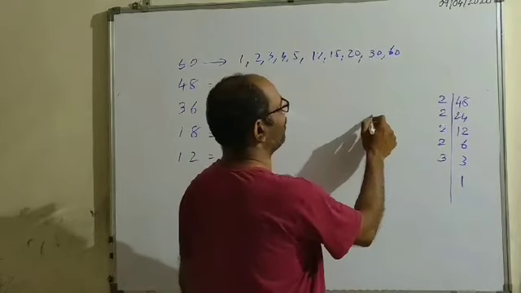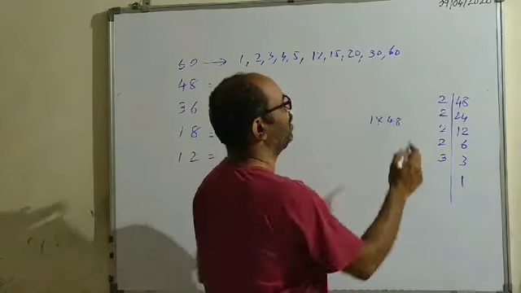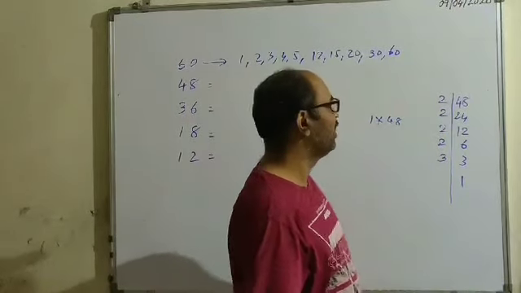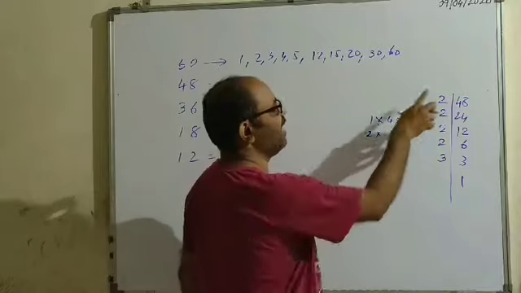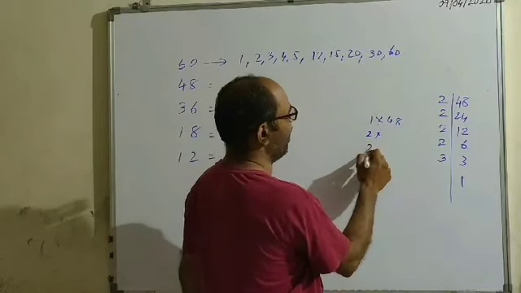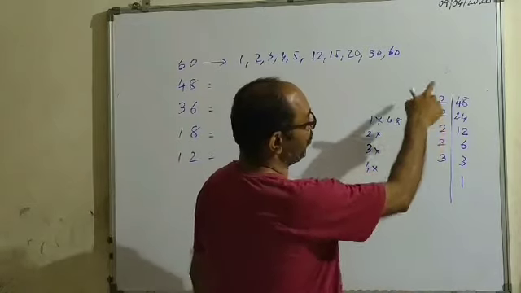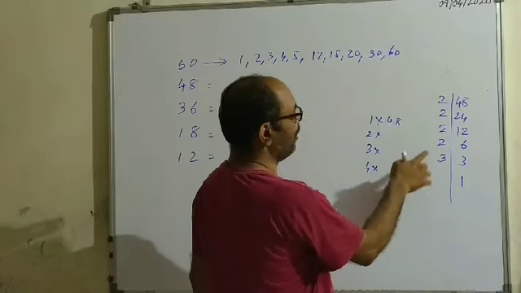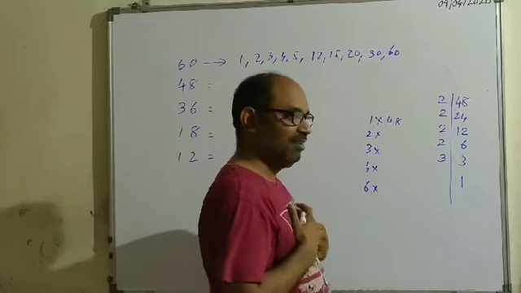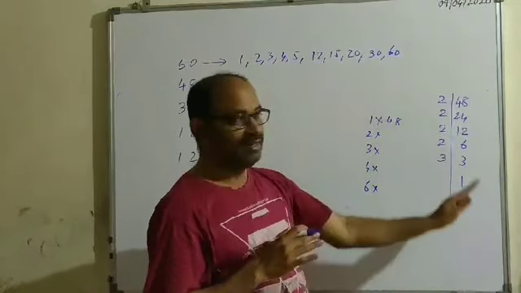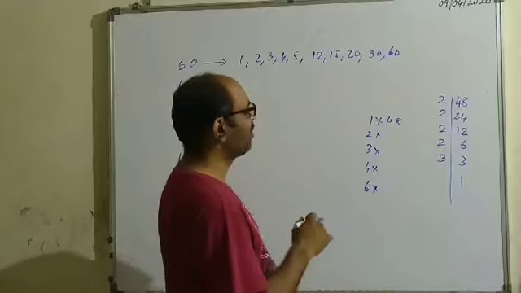First pair of factors, obviously 1 into 48. 1 is a factor of all numbers. Next 2, yes. 3, yes. 4, double 2, yes. 5, prime, no. 6, 2 3s are, yes. Stop here. You write the factors on the other side.